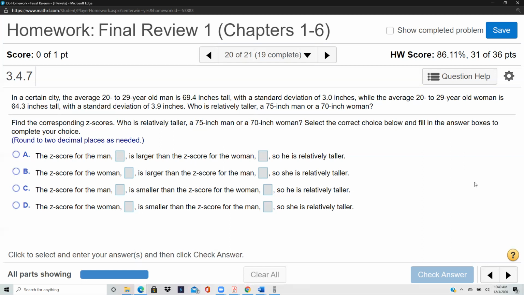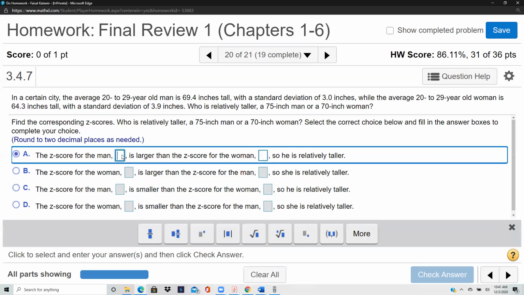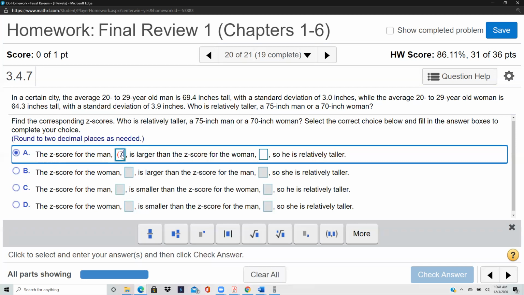So we would do 75 minus the mean. What's the mean for the man?